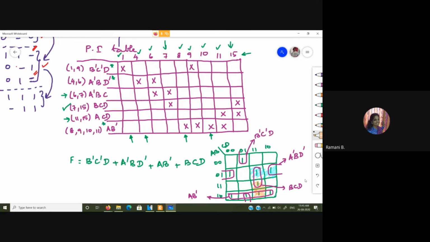This is my best option, to simply take these things so that I will be reducing one term in the expression, thereby minimizing a gate in it. I am reducing one AND gate over there.